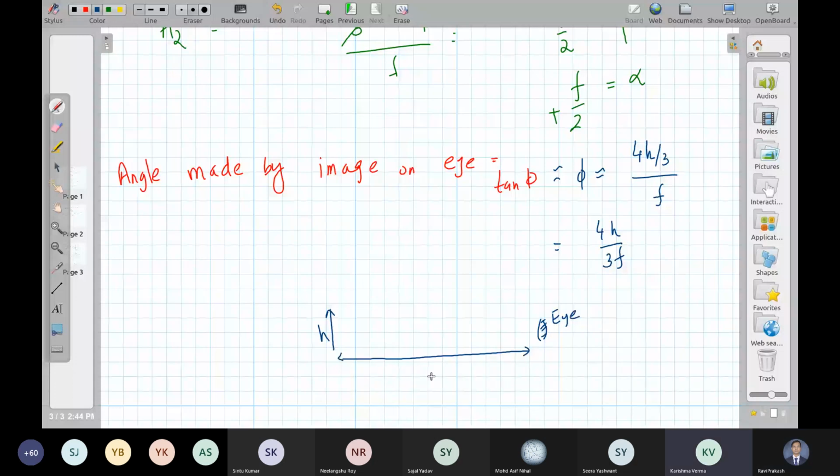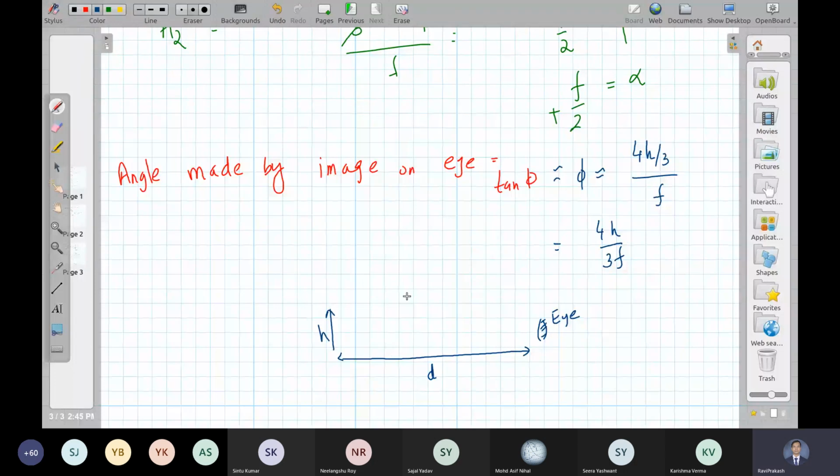Sir, I think the distance is 5f by 4. Look, first let me complete this part. Depending on this distance, the size may increase or decrease, right? So here I am talking about the maximum size you can see without an eyepiece.